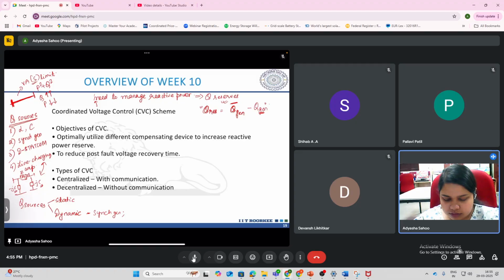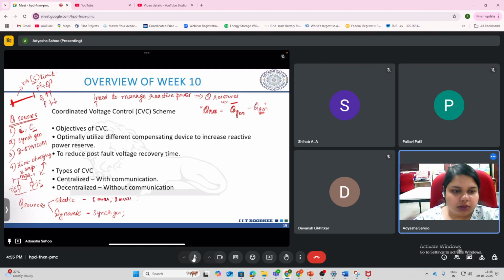The other thing is that static sources do not allow uniform control of reactive power over a range. What do I mean by that? This L and C can provide reactive power only in steps. Depending upon their rating, they can provide 5 MVAR, 3 MVAR or something like that.